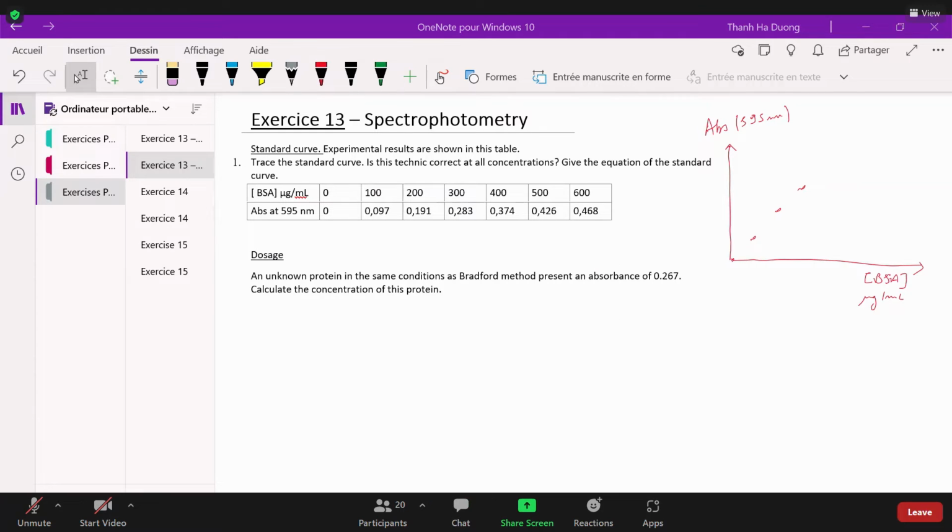So you find, yes, so what is the concentration of your unknown protein?